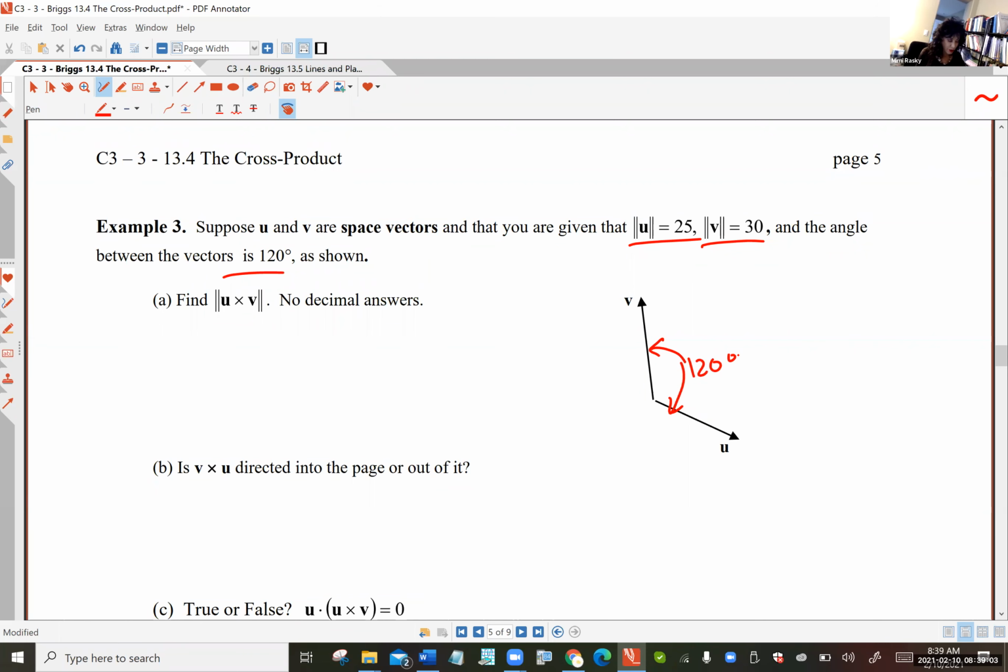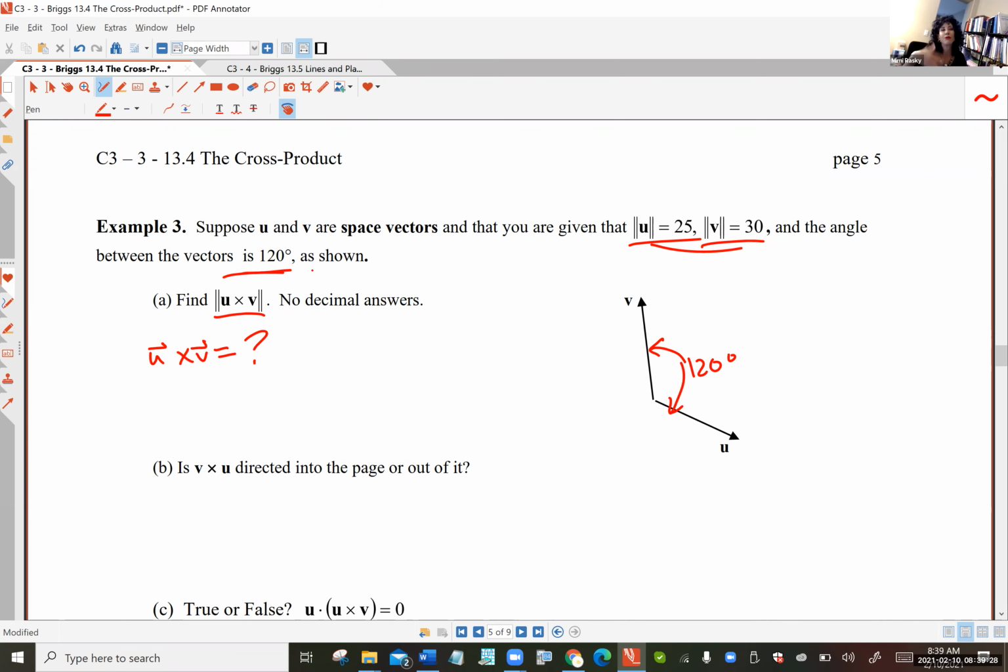Okay, so they want us to find the magnitude of U cross V. Well, wait a minute. I thought when we find a cross product, you have to do the 3x3 determinant method. Well, you only do that if they give you the components for U and V. So how do I even get the cross product if they gave me these pieces of information and not the components?